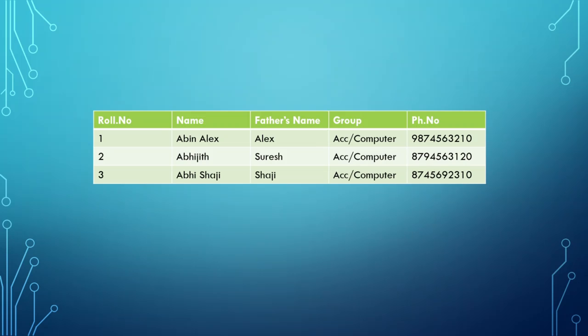In this, the attributes are roll number, name, father's name, group, and phone number. Tuple is nothing but the complete information about a person. If you take roll number 1, we will get the details about Abinalex: what his father's name is, which group he belongs to, and what his phone number is. So complete information about Abinalex is there. That is what is known as a tuple.